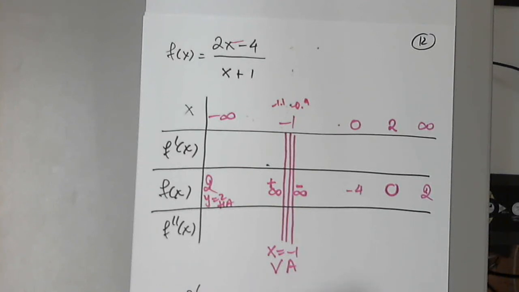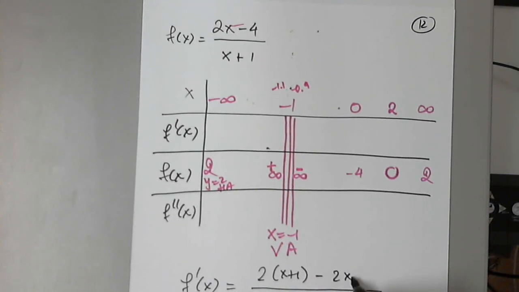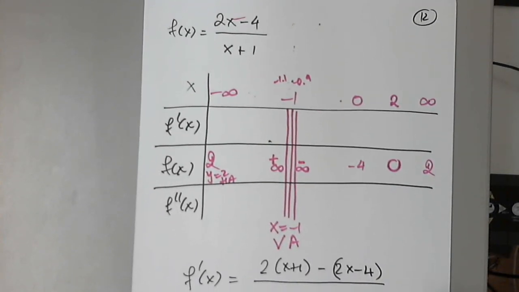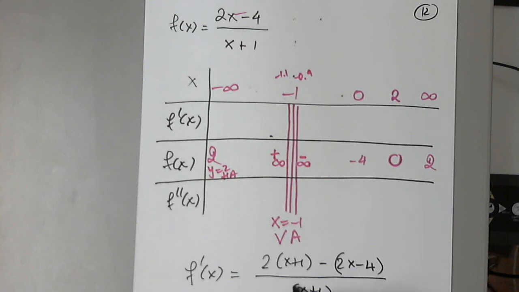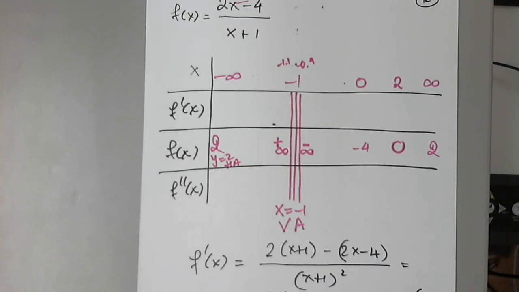F prime of x: the top prime, 2, very good, times x plus 1, minus the top times 1. Don't forget parentheses. So this is 2x plus 2 minus 2x plus 4, over x plus 1 squared. Very nice. 6 over x plus 1 squared.